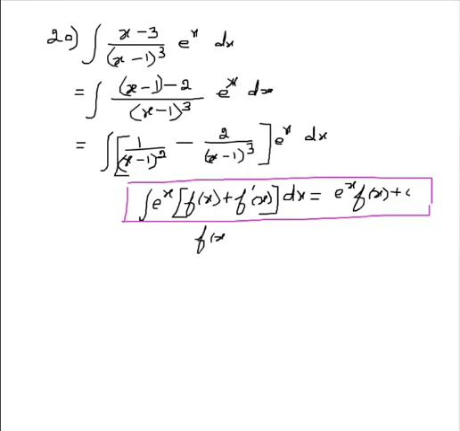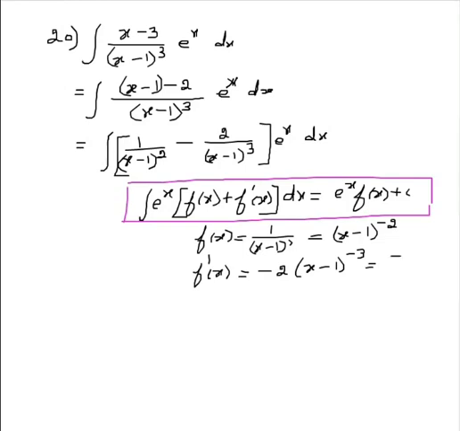In this question, f of x is 1 divided by x minus 1 the whole square, which can be written as x minus 1 whole raised to minus 2. Let us differentiate and check. Power has to be differentiated first, so minus 2 times x minus 1 whole raised to minus 3, and then the base has to be differentiated, which is 1.